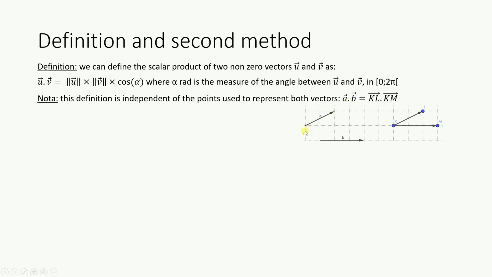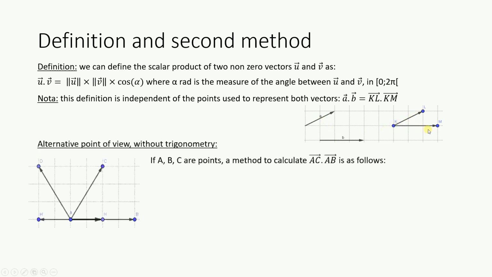So now if I have two vectors a and b and they do not share the same starting point, the same origin, well, I just have to draw them from a common starting point, right? So I get vector a dot vector b is equal to vector KL dot vector KM, and it works.